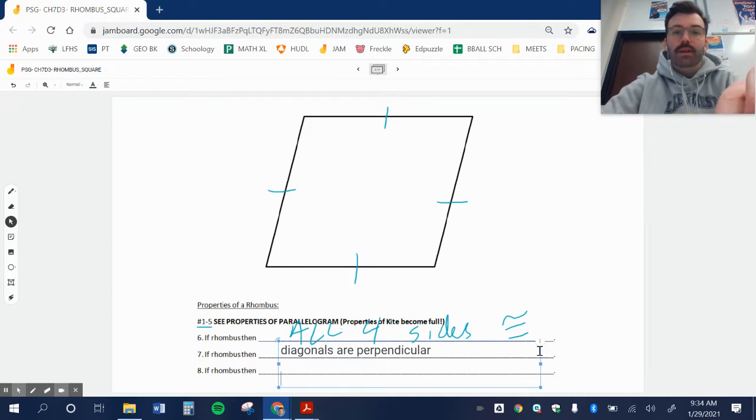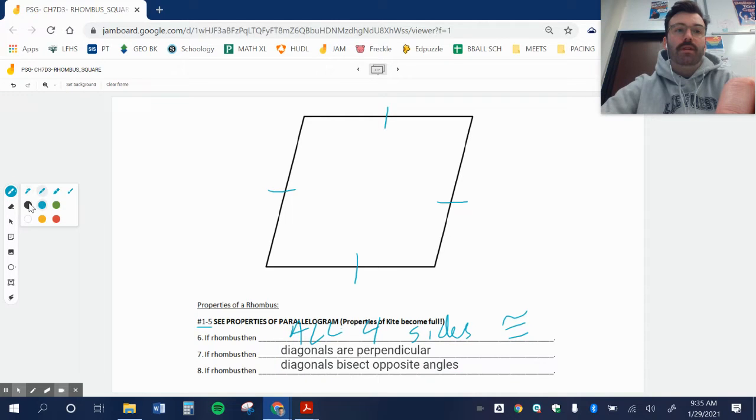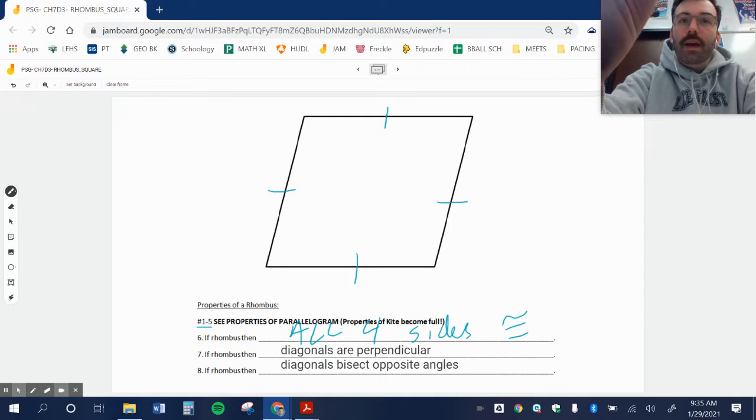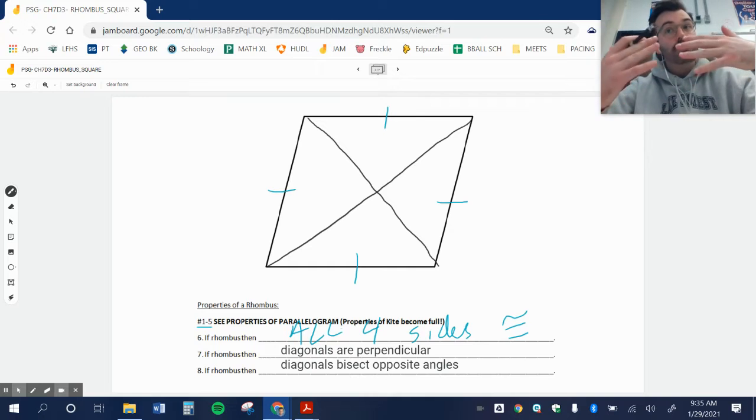And our last one here, and I'm going to draw a bunch of stuff on our diagram: our diagonals are not only perpendicular, but they bisect opposite angles. All right, so what does that look like? I'm going to start marking my diagram here. I'll draw on my diagonals. That's decent. Not bad.